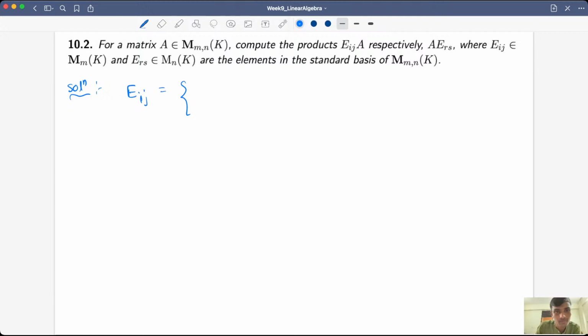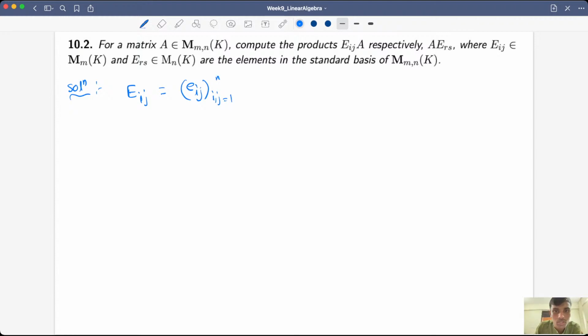Let me write it as a small eij matrix. Suppose it is an m cross n matrix, so p and q run from 1 to m and 1 to n.